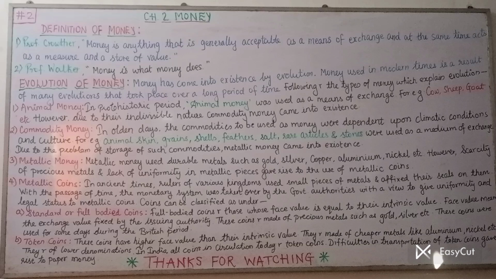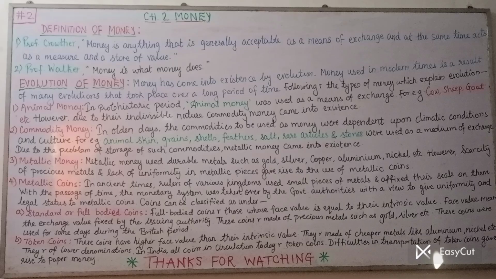Hence the government authorities took over the entire monetary system to bring about uniformity and also give legal status to the metallic coins. And after that, the coins were classified into two. Now these are the actual coins we are using, we are coming near to the modern era now.